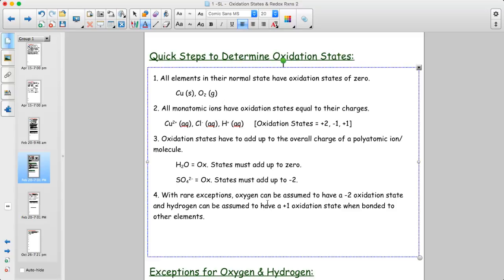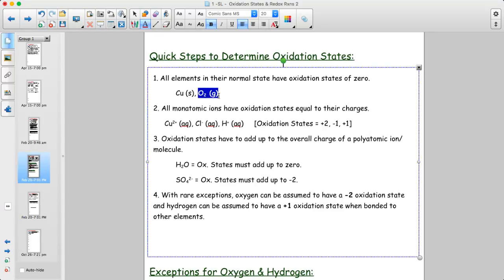Okay. And the last thing is what's really going to be helpful, which is that with some very rare exceptions, if you have oxygen in a compound bonded to other elements, its oxidation state is always -2 in those compounds, and hydrogen always has an oxidation state of +1 when it's bonded to other elements. Notice that I'm not including when it's an element.